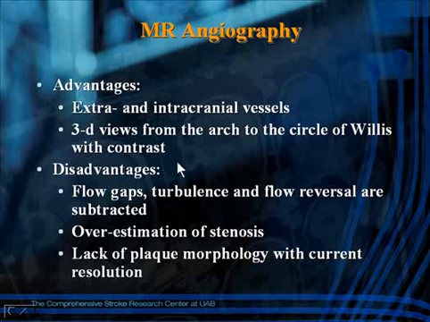Flow gaps, turbulence, and flow reversal could be subtracted from the image, leading to creation of a lesion where it doesn't exist or overestimating the degree of the lesion or percent stenosis. Furthermore, with current resolution, you cannot obtain plaque definition. You need to apply certain coils or specific imaging techniques that are not yet the mainstay.